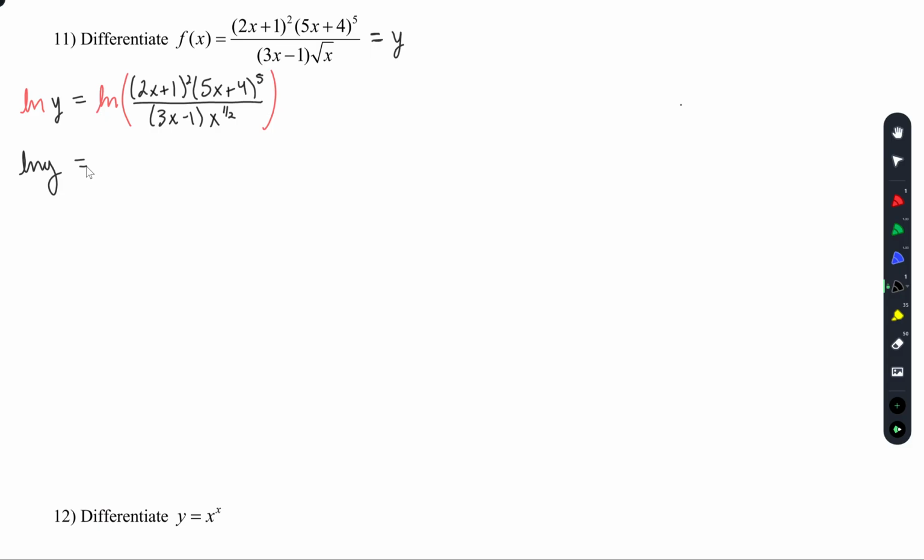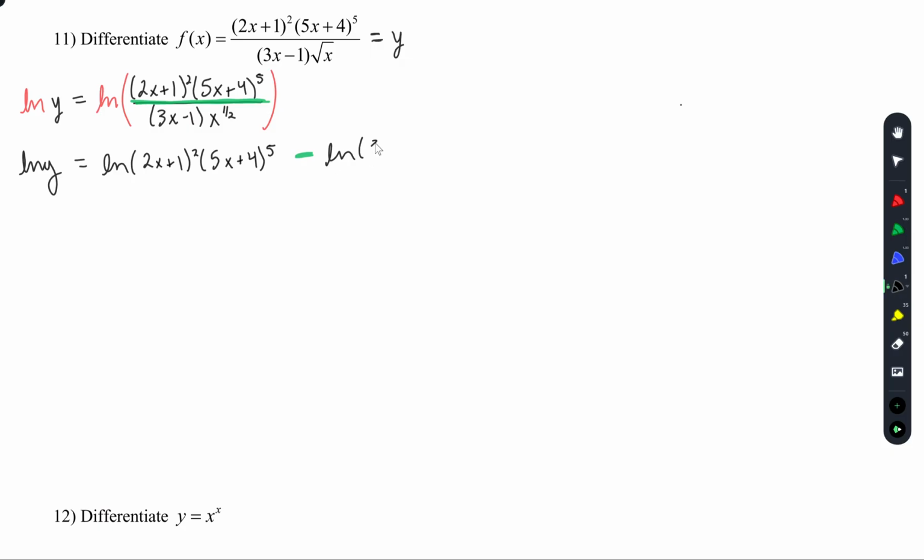Okay, so we'll do each step one at a time, but if your brain can handle it, go for it. So this is what you're going to do. You're going to break up the division. It's a lot of writing. So this division is going to be replaced with subtraction.